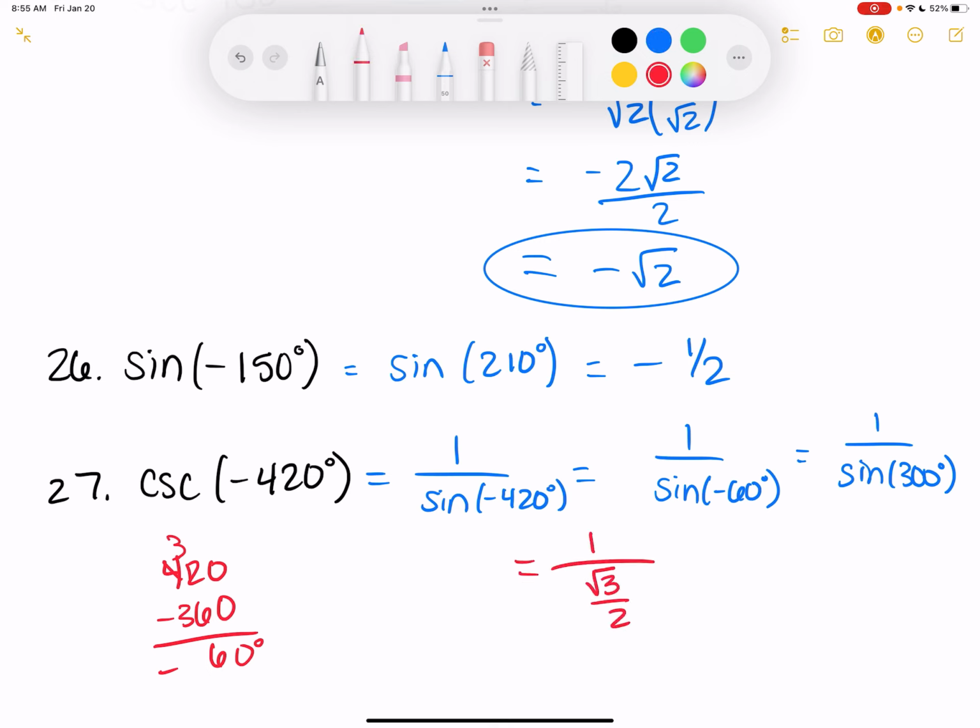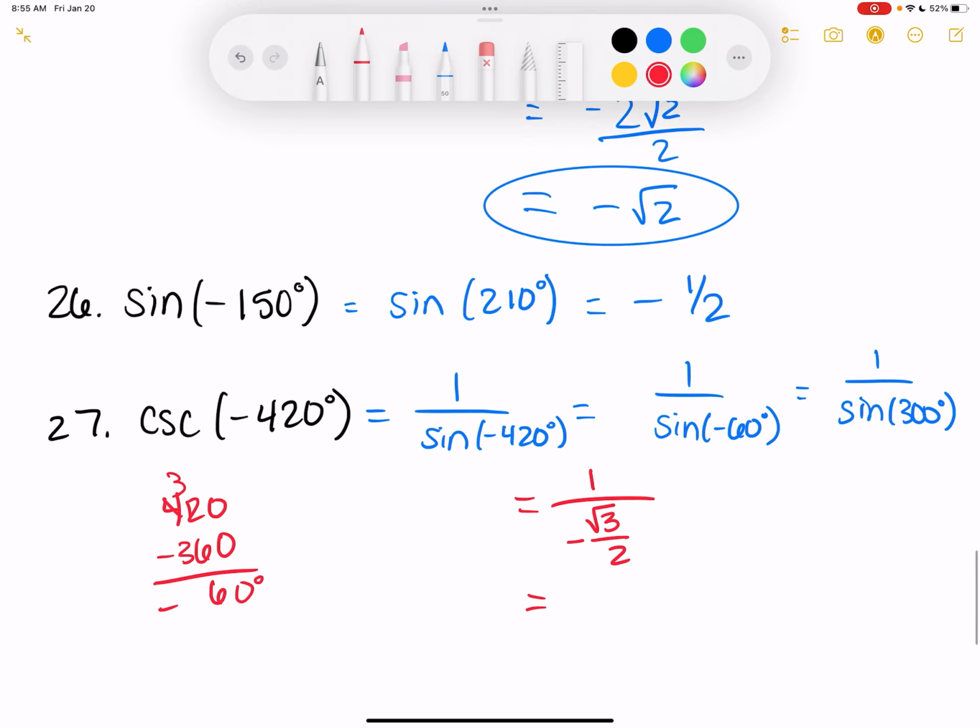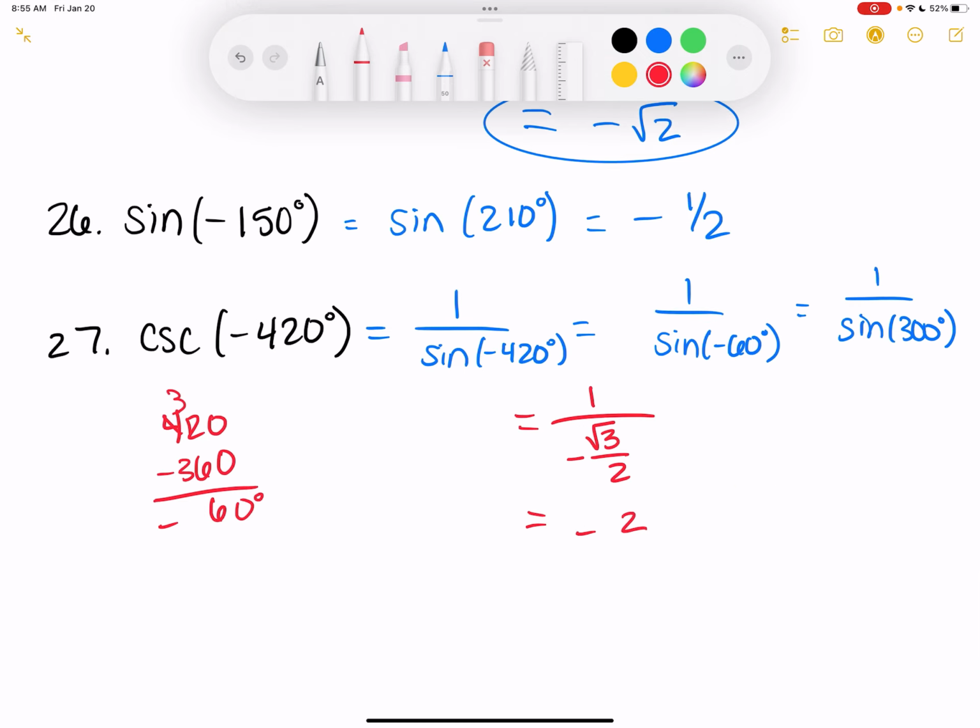It's the y value, so it's negative also. I think I said that, but don't forget that part. So keep, change, flip, so this is going to end up being minus 2 over the square root of 3. So then we multiply by the square root of 3 over 3, which is going to end up giving us minus 2 square root of 3 over 3.